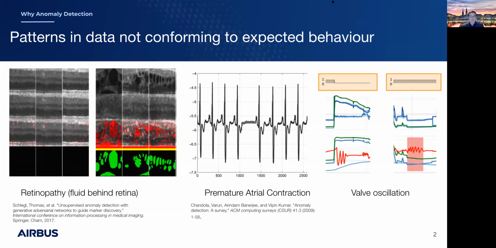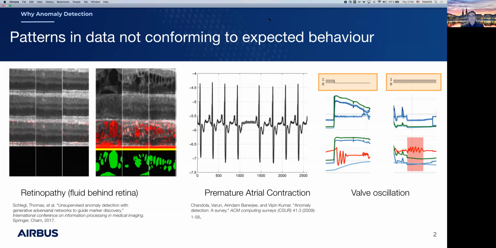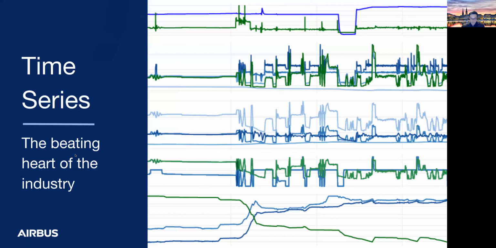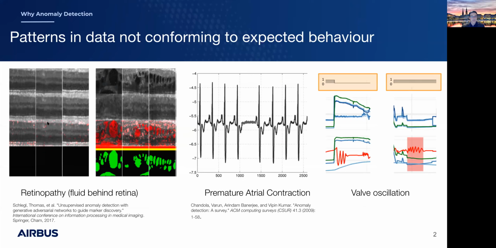Starting from the left, you see a picture of a retina, from human eyes. You see nominal behavior here, and areas shown in red, which are detected by our algorithm to be not nominal, so to be an anomaly.